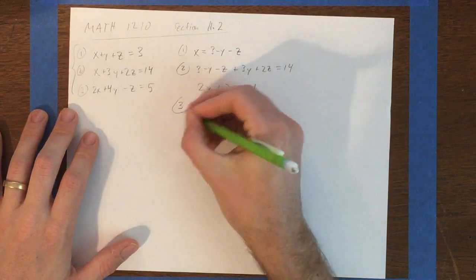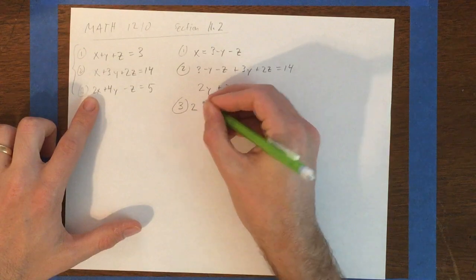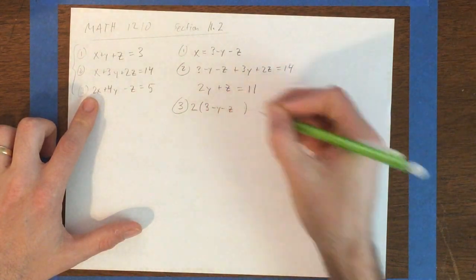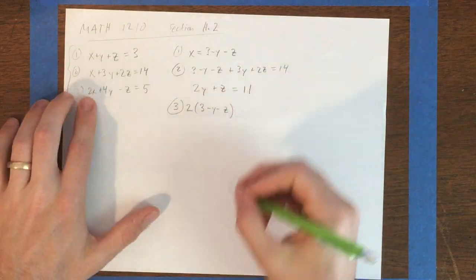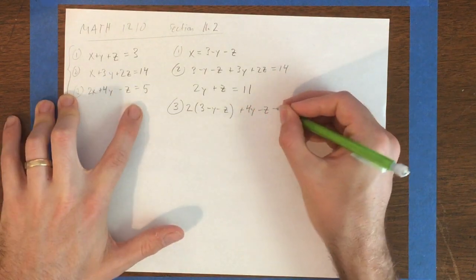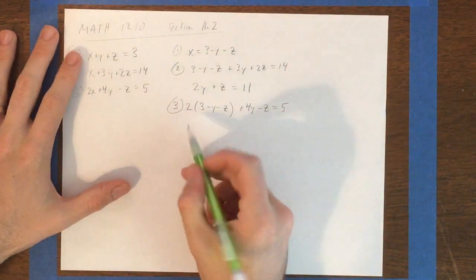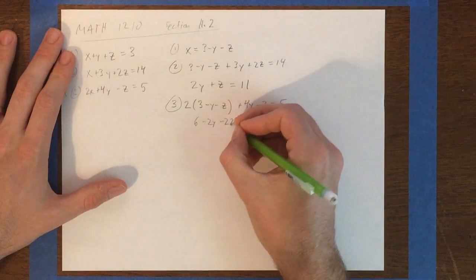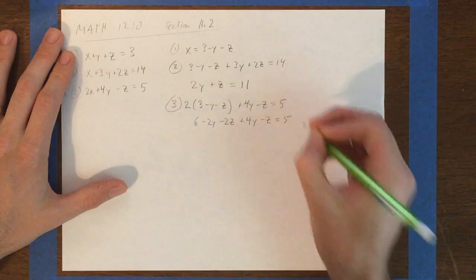Now let's take equation 3. We'll do the substitution: 2 times x, except x is going to be replaced by 3 minus y minus z, plus 4y minus z equals 5. Now we'll simplify it. First, distributing the multiplication by 2, we have 6 minus 2y minus 2z plus 4y minus z equals 5.